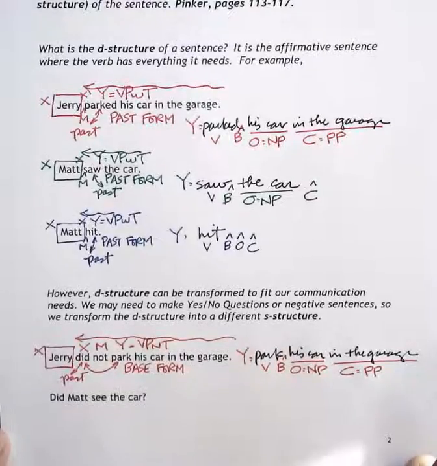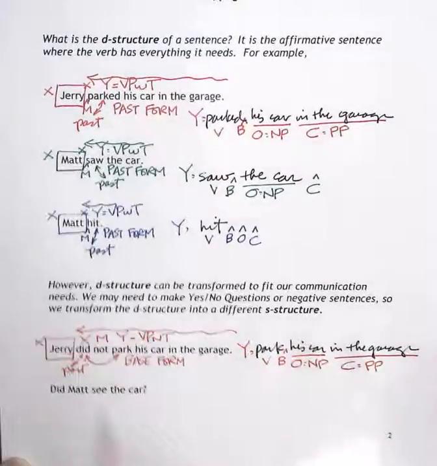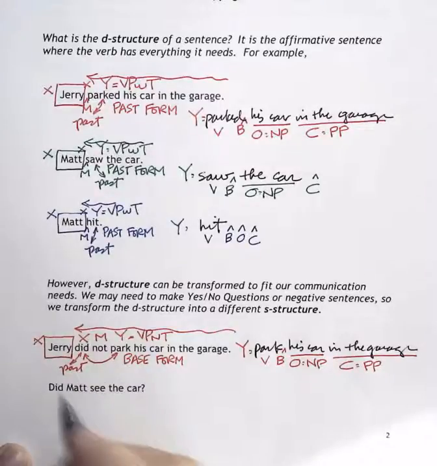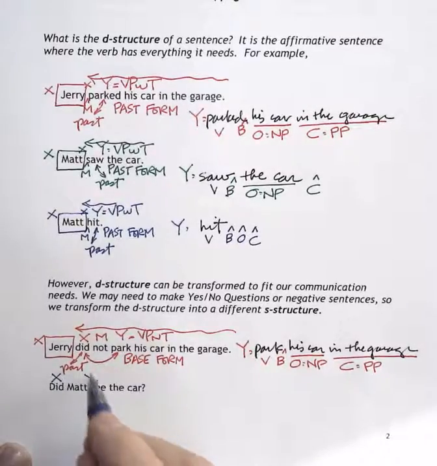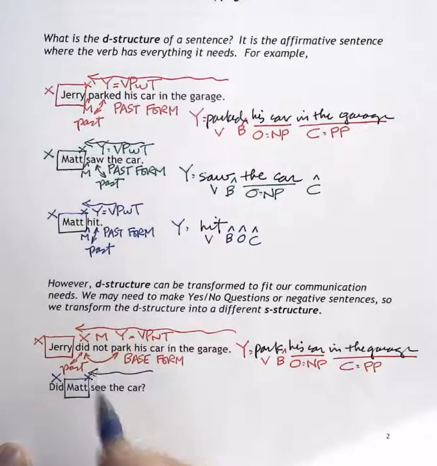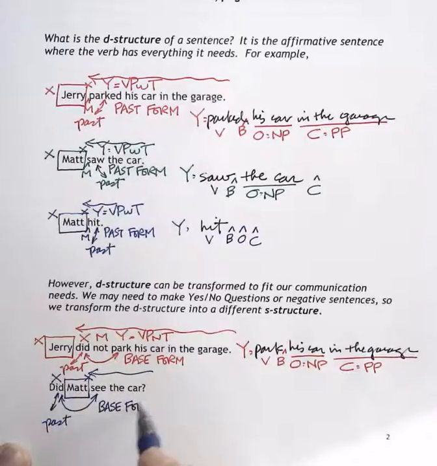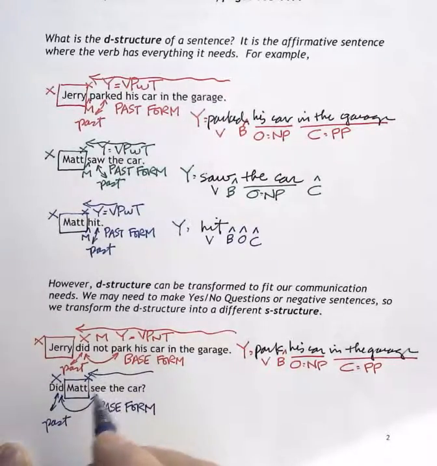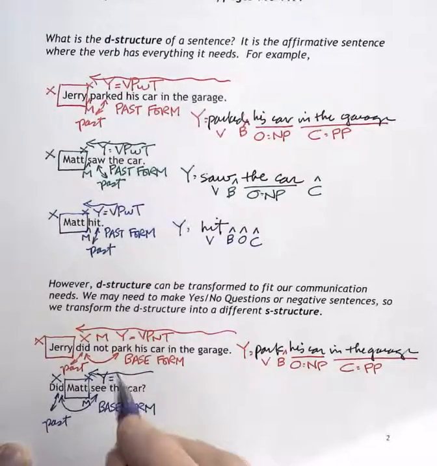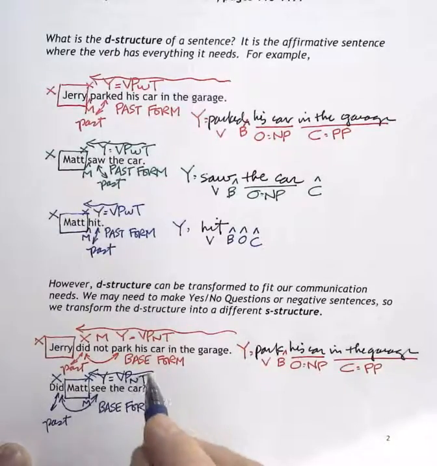Did Matt see the car? Okay, did is the X word. Matt is the subject, predicate. Did ties with the past. Did ties with see, base form. The M place, so I keep forgetting the M. Y, verb phrase, no time.